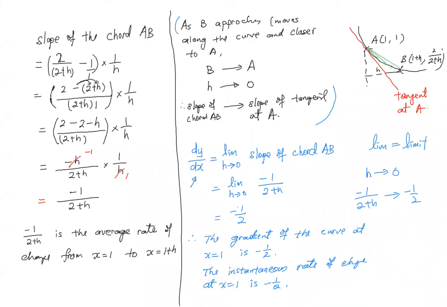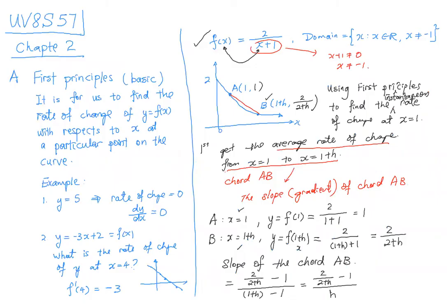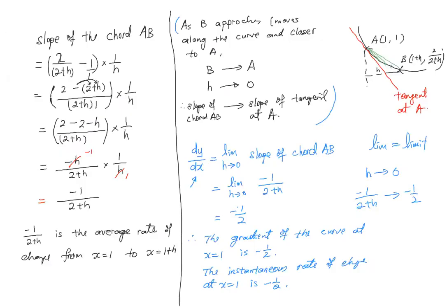So when you use the basic principle, you start from here, you find the slope of the chord. Then you simplify all these things until here. After that, you write this part. Then you get this answer.